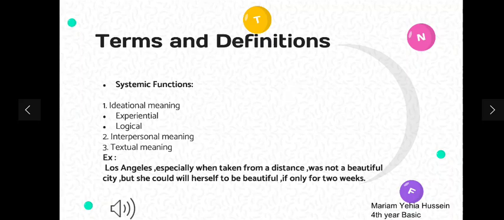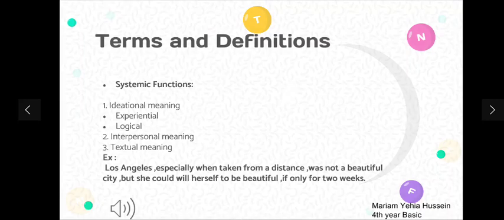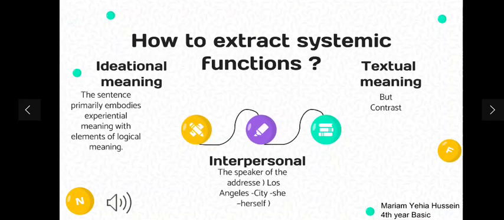Here we have: Los Angeles, especially when taken from a distance, wasn't a beautiful city, but she could will herself to be beautiful if only for 2 weeks. Let's extract the systemic functions from this sentence. So the first level is ideational meaning, if it's logical or experiential.